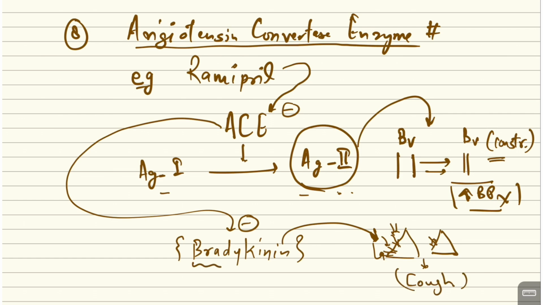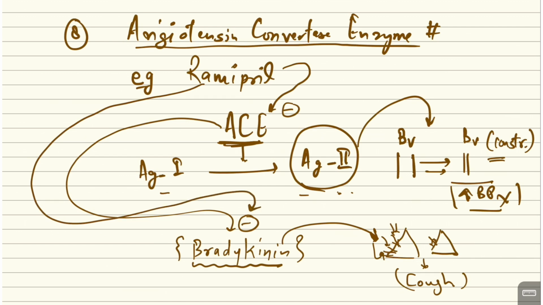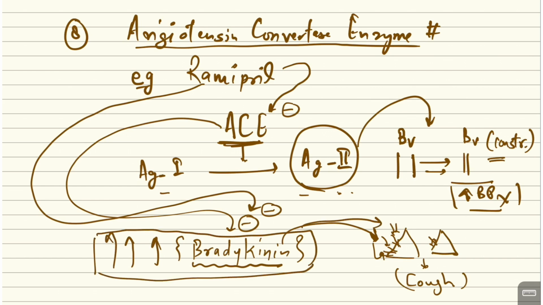So as we give these angiotensin converting enzyme inhibitors like ramipril, the body will not be able to degrade bradykinin, and as a result there is production of a lot of bradykinin. This bradykinin then works on the nerve endings in the respiratory passages, and that will cause cough. So in this way, ramipril will cause cough.